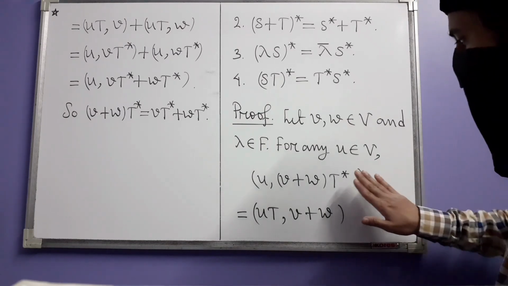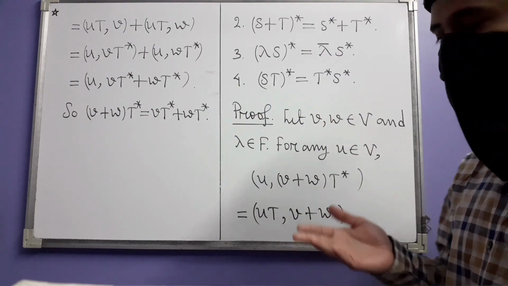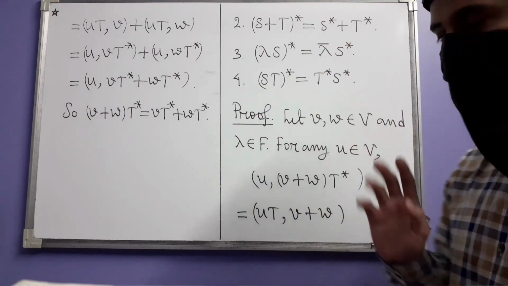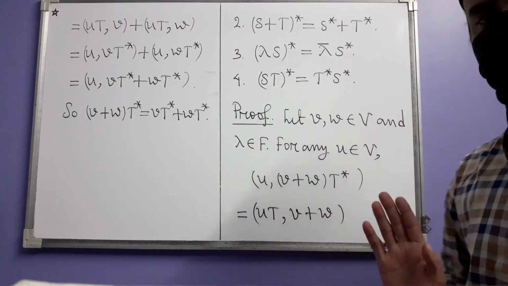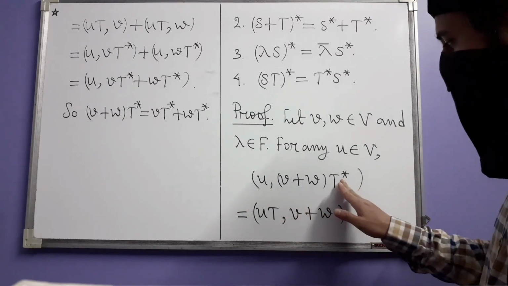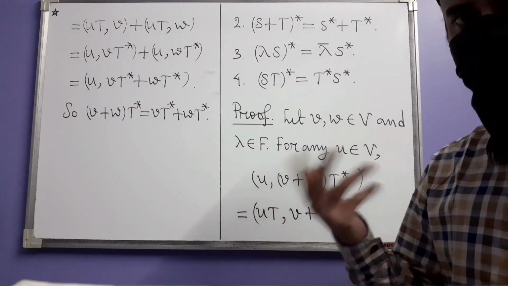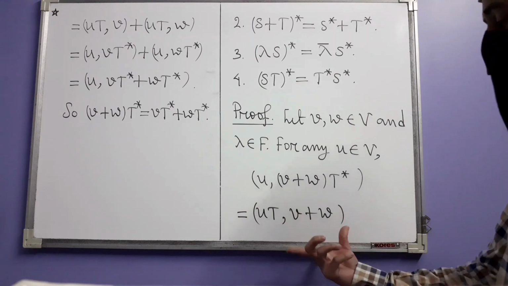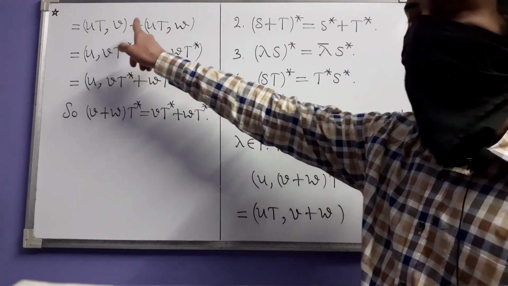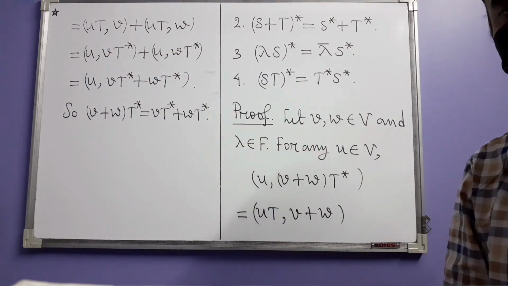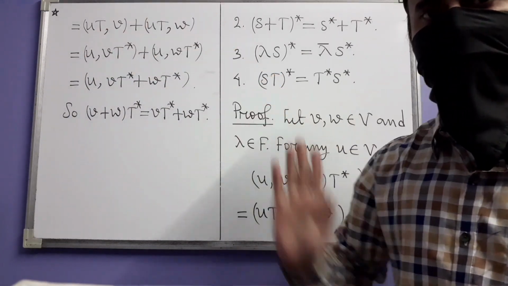Now by the definition of star, if you go back in the previous video and see the definition of star which arises from that lemma, then this equals the inner product of ut and V plus W. If you write like this, T star gets transferred to this first vector and becomes T. And then by linearity, this equals the inner product of ut and V plus the inner product of ut and W. And then again you apply the same thing and bring T back to the second component.